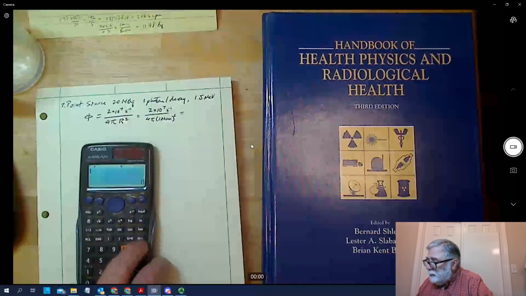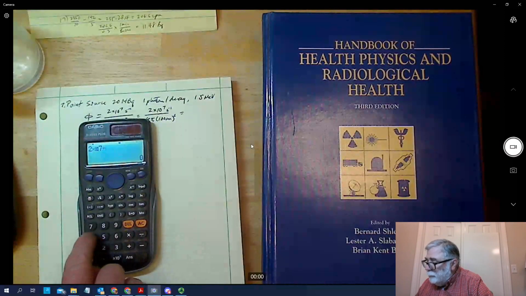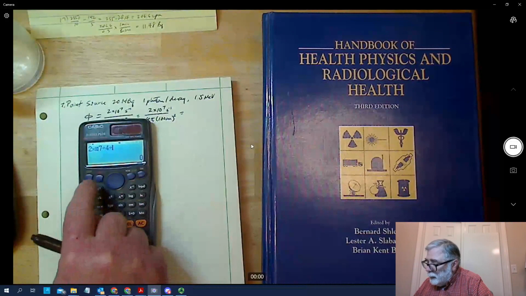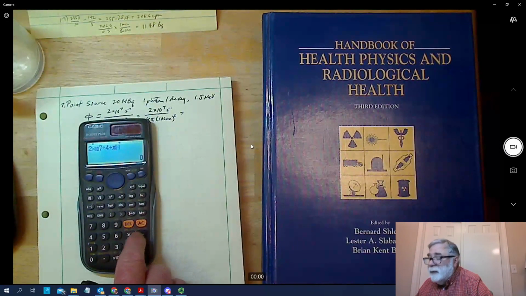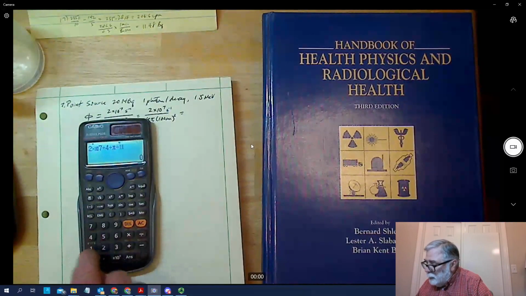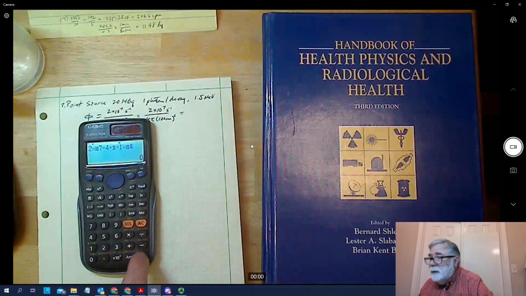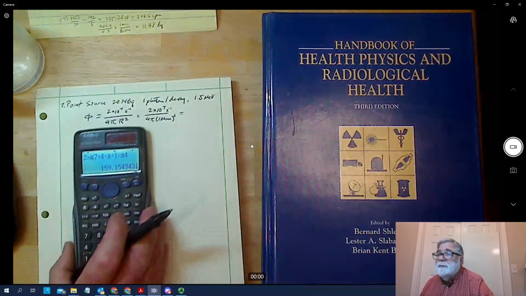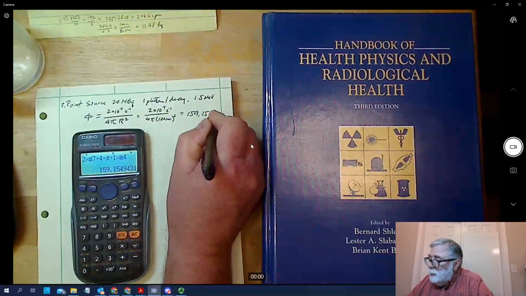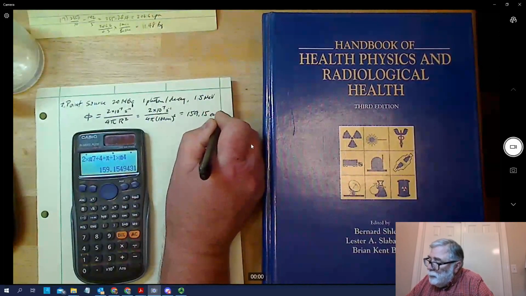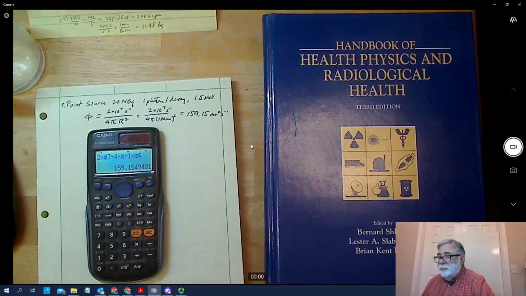So get our calculator out: 2 times 10 to the 7th divided by 4 divided by pi divided by 1 times 10 to the 4th. If I have 100 squared, that's 10 to the 4th. And that gives me an answer of 159.15 per square centimeter per second. So that was the answer, 159.15.